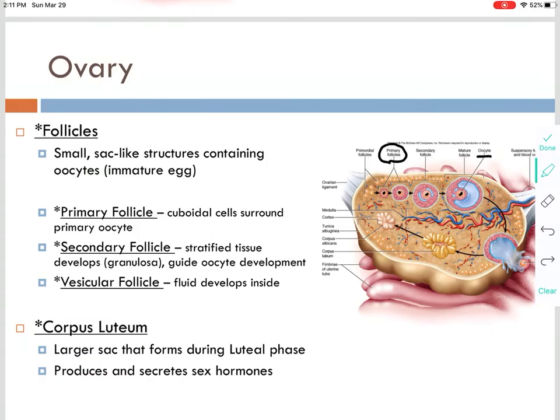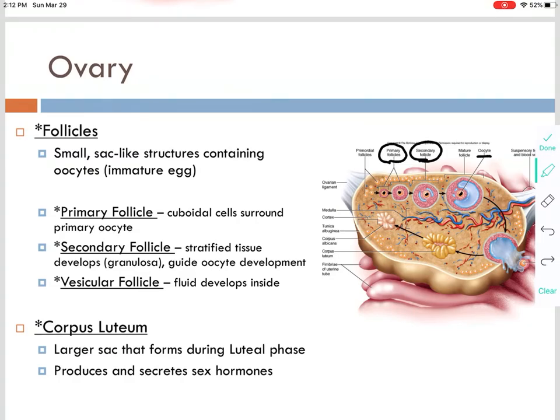And as the ovarian cycle continues, the sac gets bigger. As the sac gets bigger, it becomes a secondary follicle, where instead of it just being smaller cuboidal cells that make up that outer sac, there's more of a stratified tissue, sometimes called a granulosa cell.